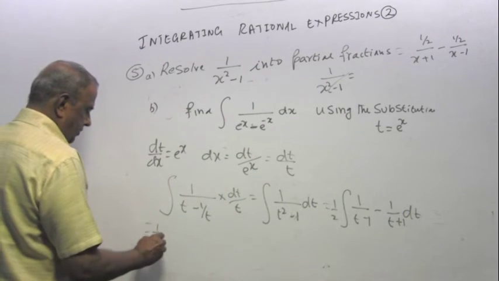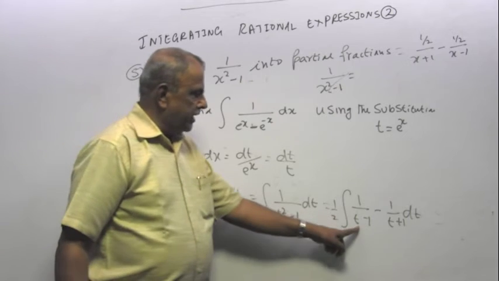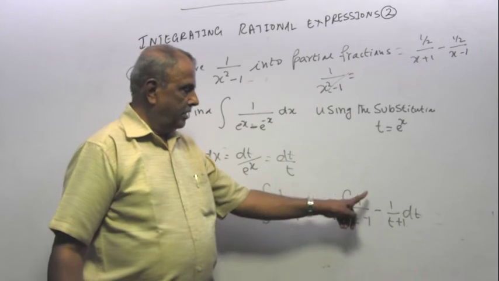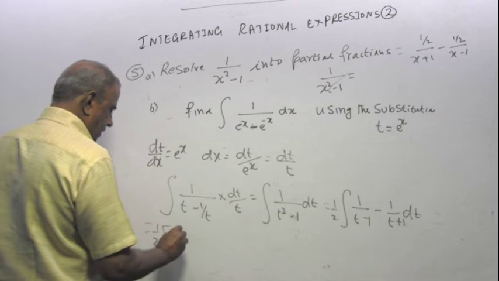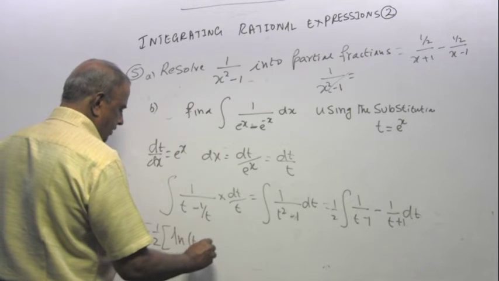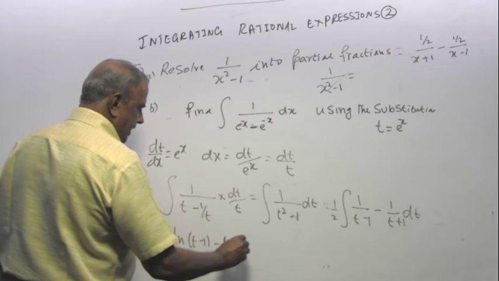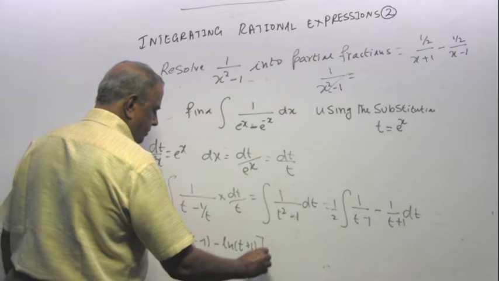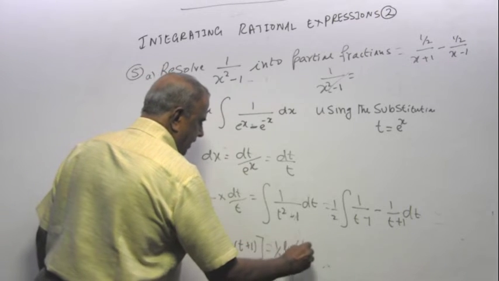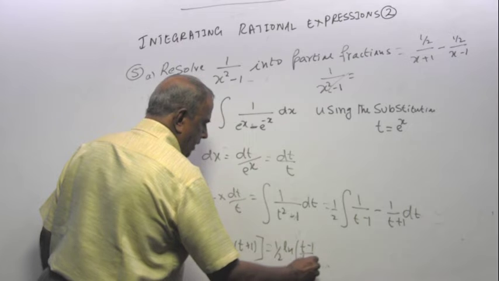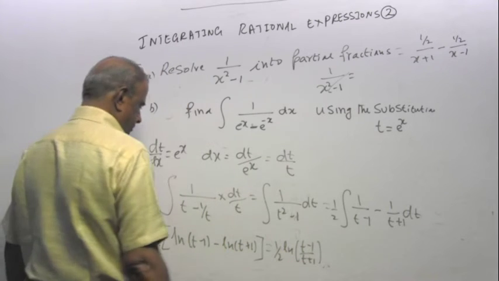So that's half. When you differentiate t minus 1, I get 1, so the numerator is 1. So half of ln t minus 1 minus ln t plus 1, which is half ln of t minus 1 over t plus 1.